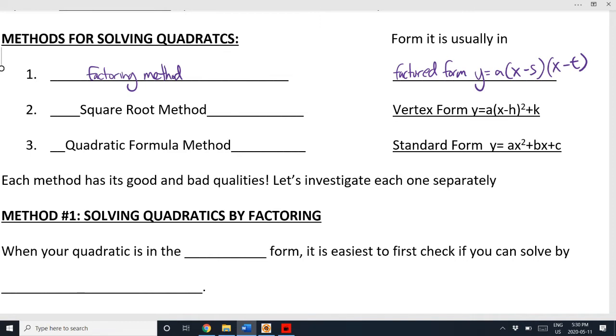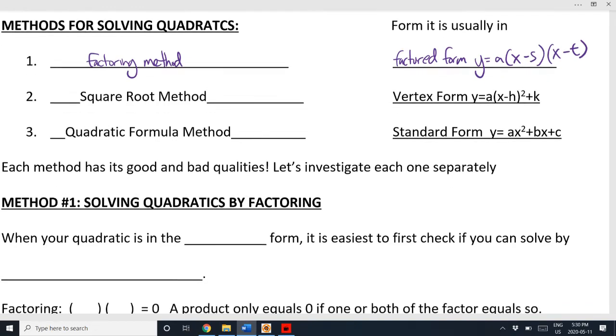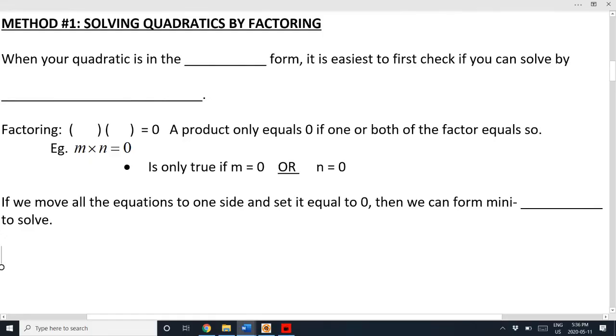And finally, we're going to look at the quadratic formula method, which is usually in standard form. Let's take a look at method number 1, solving quadratics by factoring. When your quadratic is in the standard form, it is easiest to first check if you can solve by factoring.